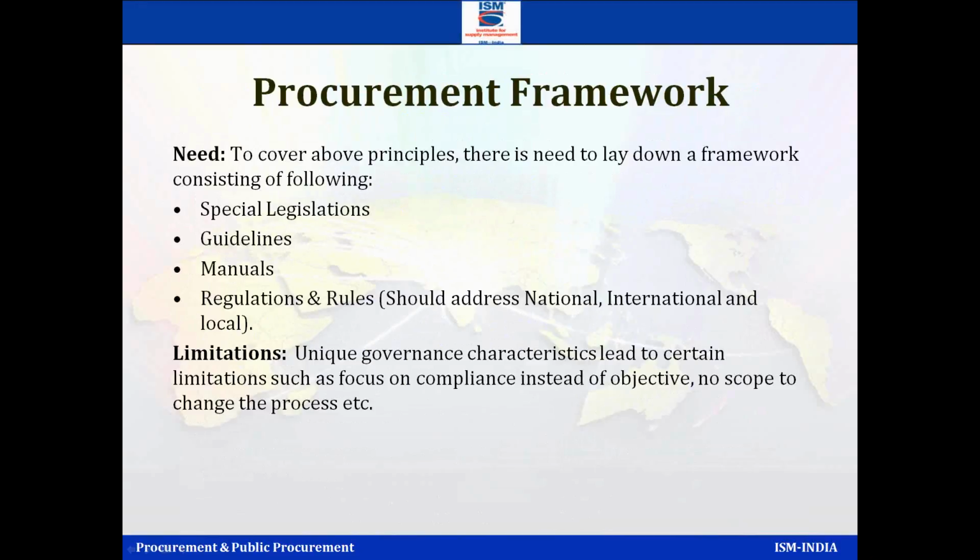Now the procurement framework. When we talk of the procurement framework, it is broad guidelines. The guidelines mean the principles which you have. So obviously you need the legislation. You need the guidelines, you need the manuals, you need regulations and rules. Regulations and rules are nothing but financial rules and regulations.